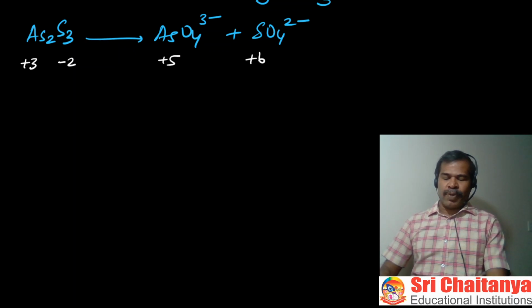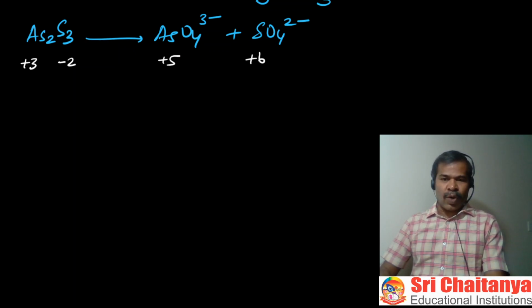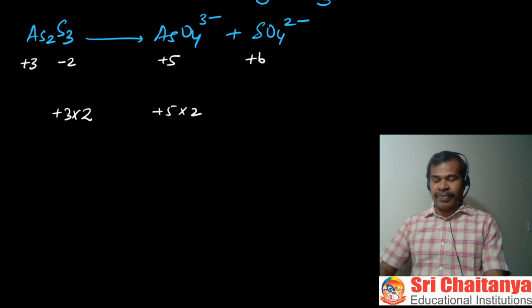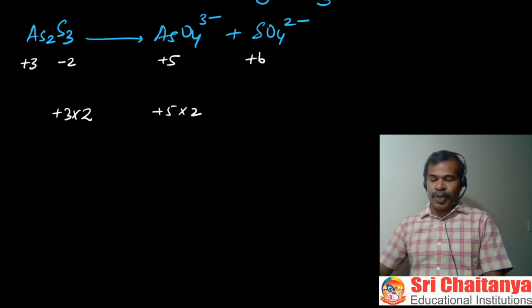Now we will work them out individually. Arsenic is in plus 3 state, there are two arsenic atoms, so plus 3 into 2 is changing to plus 5 into 2. The beauty of this is arsenic is going from plus 3 to plus 5, it is getting oxidized.